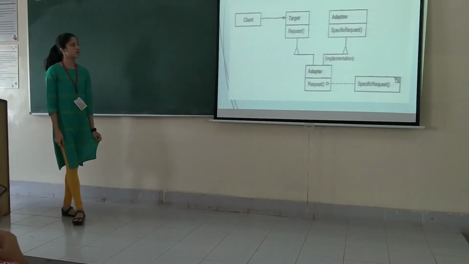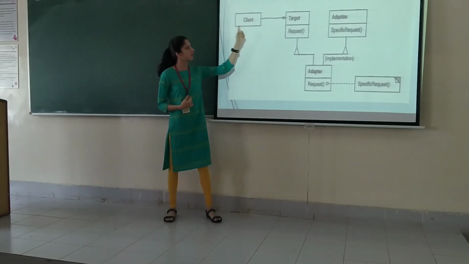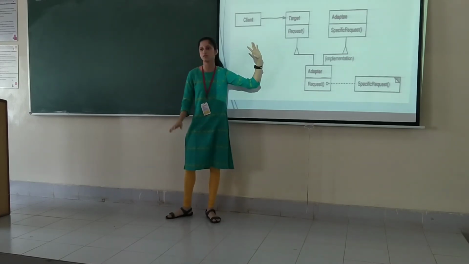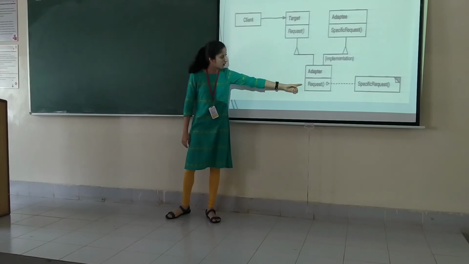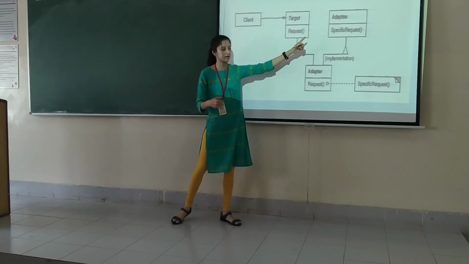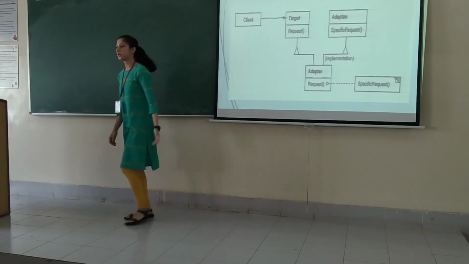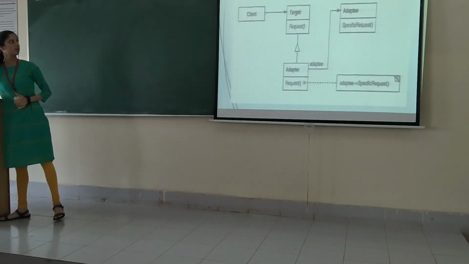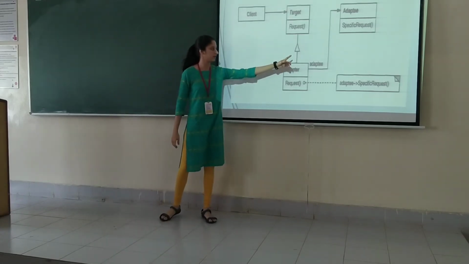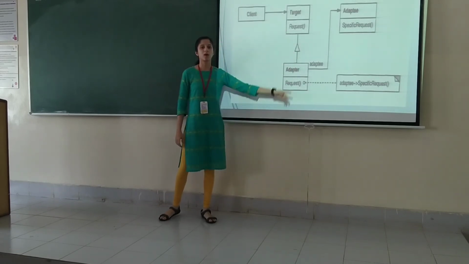And the structure of the adapter pattern: the client requests the target for a particular requirement, but unfortunately it is not compatible, so it uses the adapter, and the adapter implements the adaptee for that request, and finally it connects to the desired result, and it works fine. Even in the object adapter the same thing is there, but the adapter does not implement it directly, it acquires the adaptee.